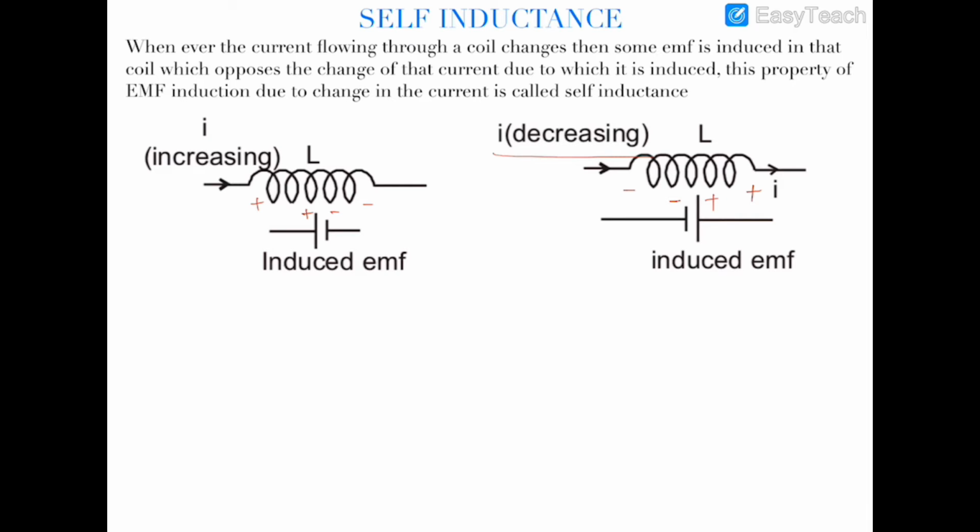I'm not saying that the induced EMF is opposing the current; I'm saying that the induced EMF will oppose the change of current. If current is increasing, the induced EMF will try to decrease it, and if current is decreasing, the induced EMF will try to increase it.